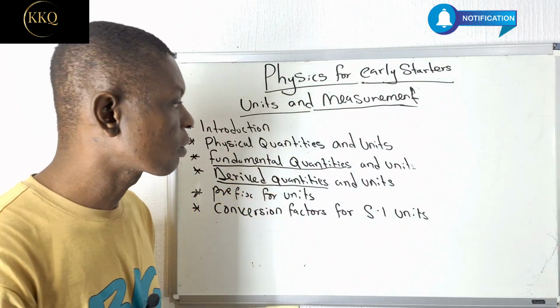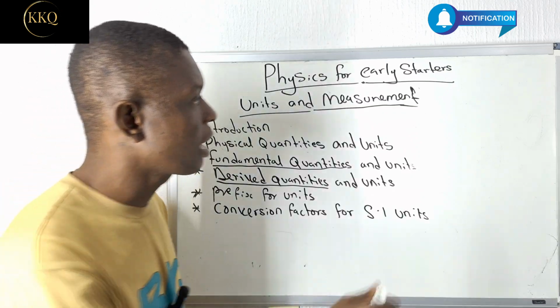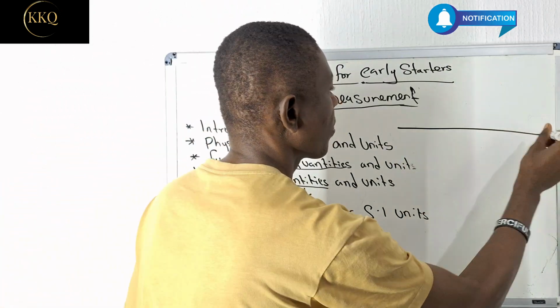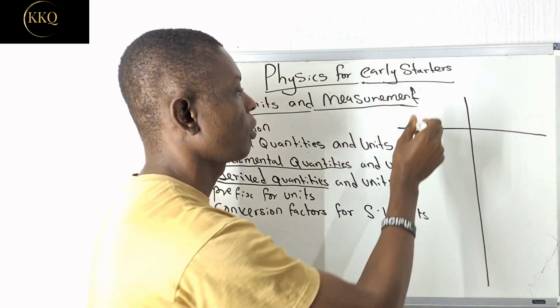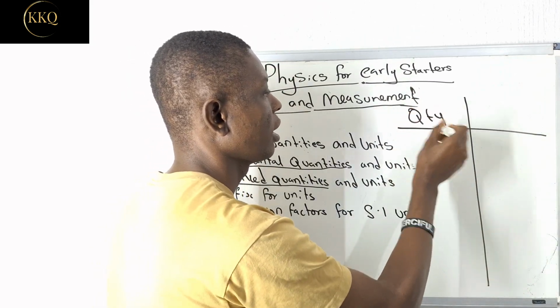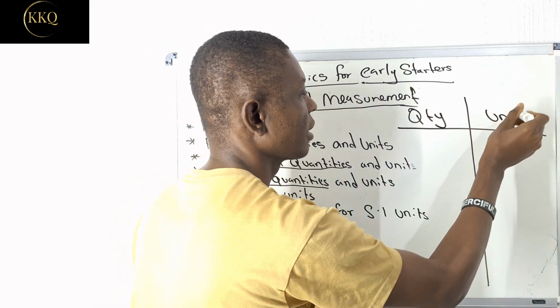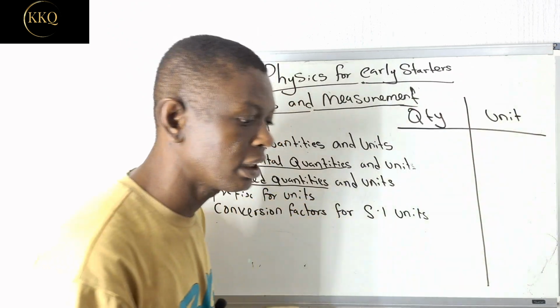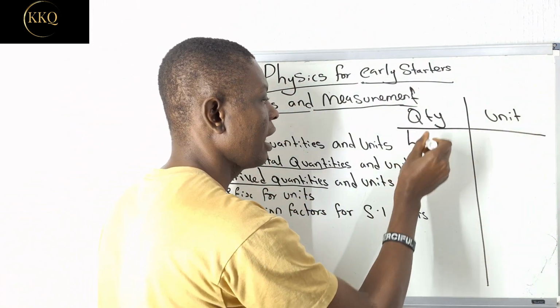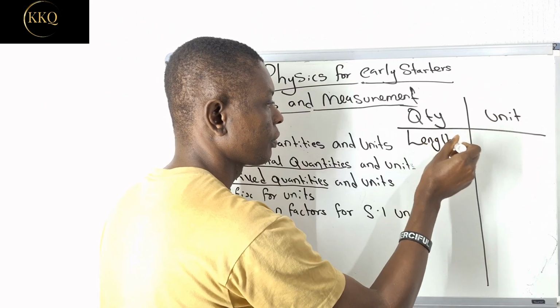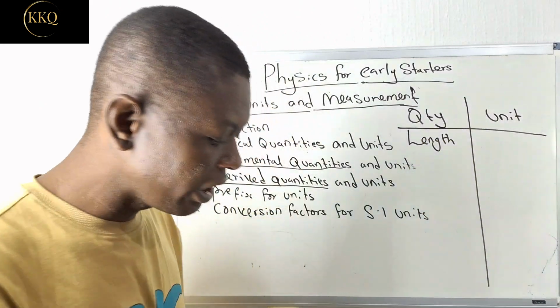Okay, so let's go ahead. I will be drawing a table here. So here is quantity and here are units. Remember, these are fundamental quantities we are talking of now. And the first fundamental quantity is length. And its units.